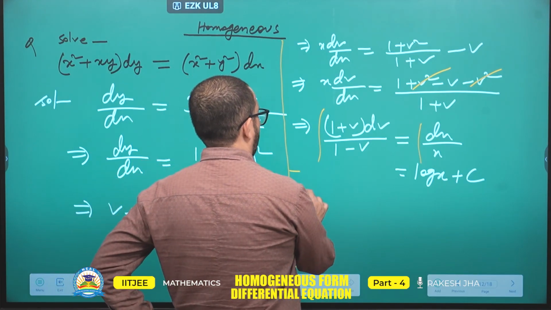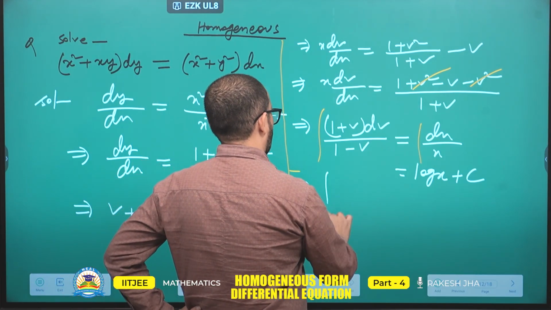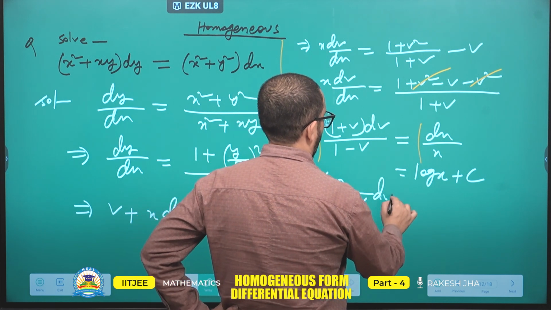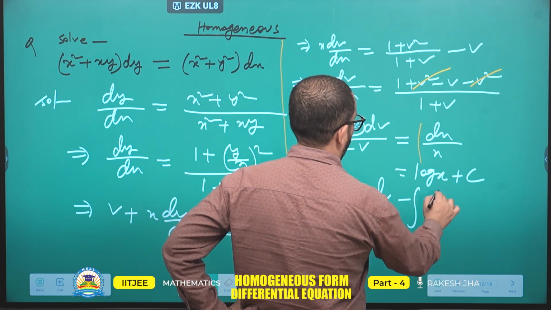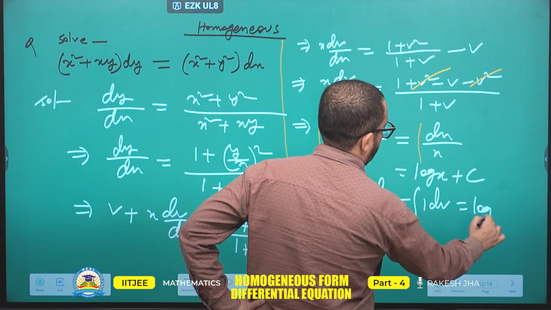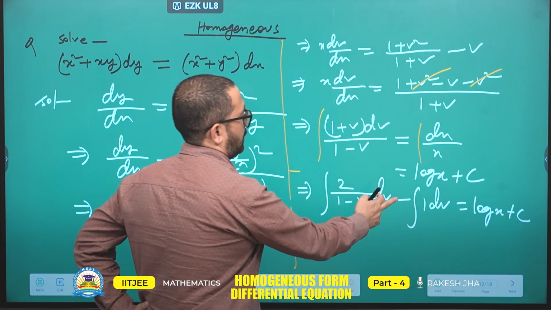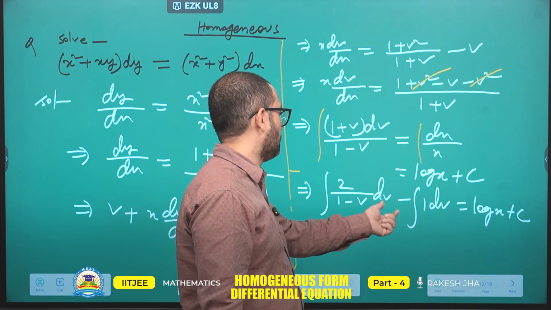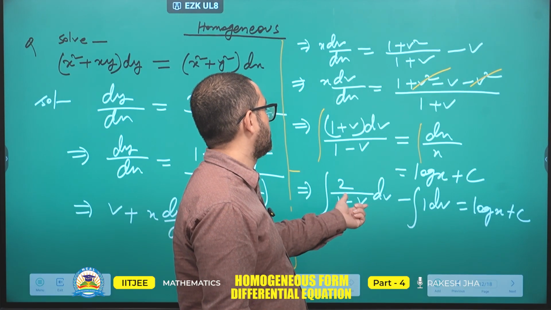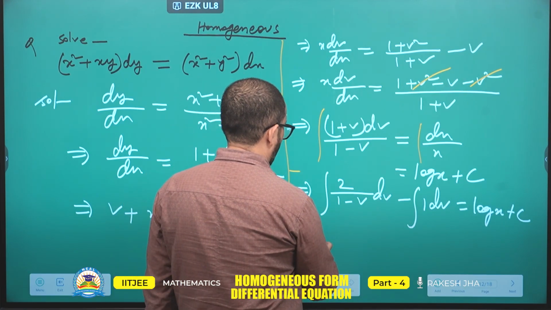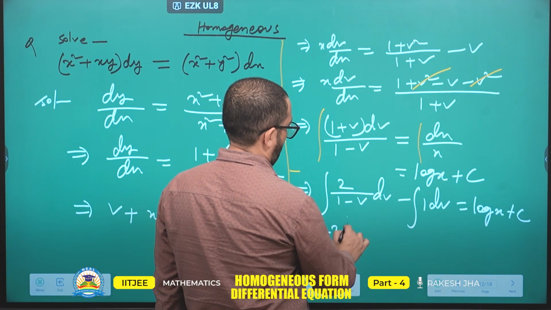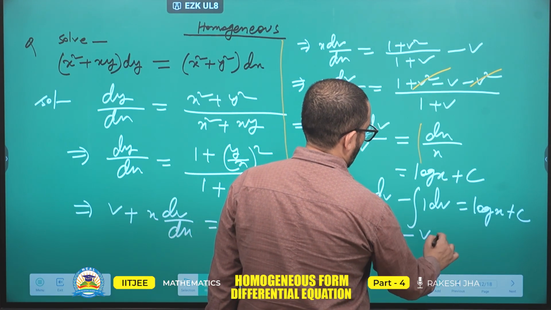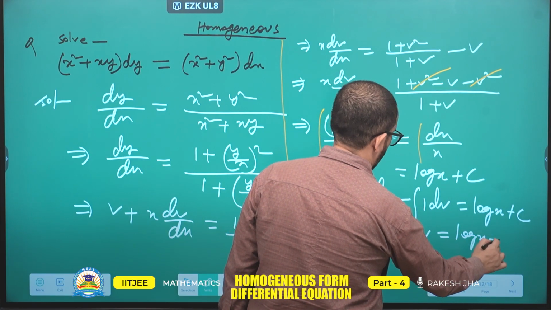So the next step here is 2 upon 1 minus v dv minus 1 dv is equal to log x plus c. So if you subtract this, it will be minus 2 log 1 minus v minus v is equal to log x plus c.